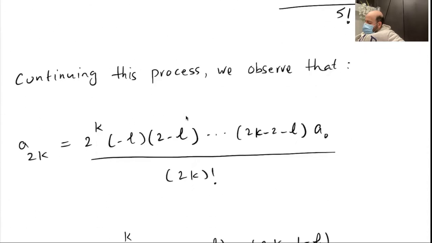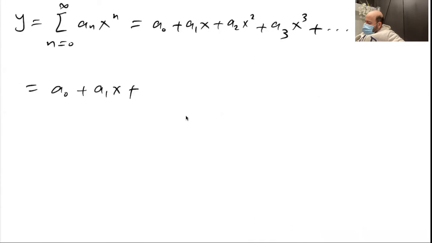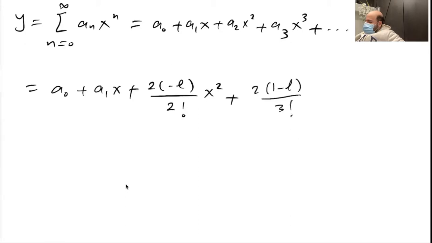So then I'll have plus 2 times minus L divided by 2 factorial x squared. And then plus, now for A3, what do I have? 2 times (1 - L) divided by 3 factorial.